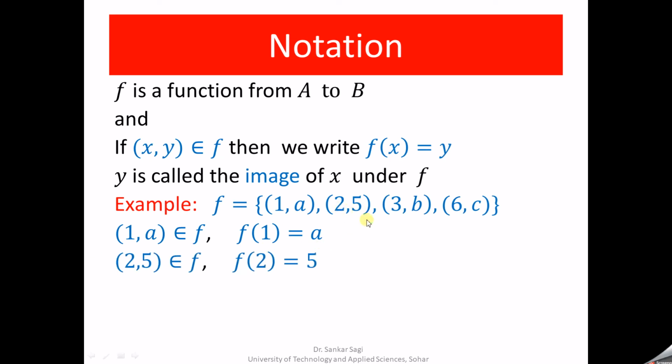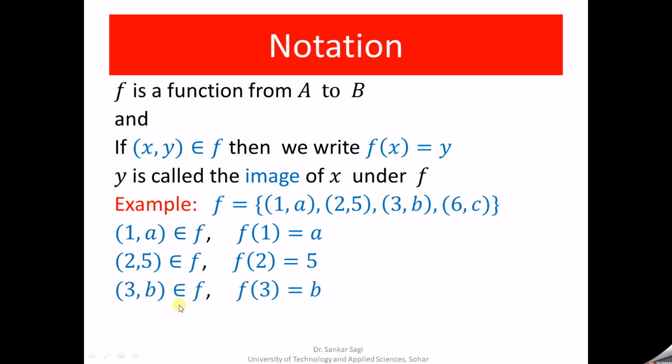Similarly, the ordered pair (2, 5) belongs to f. That can be written as f of 2 is equal to 5, which tells that the image of 2 is 5, or 2 is mapped to the element 5.